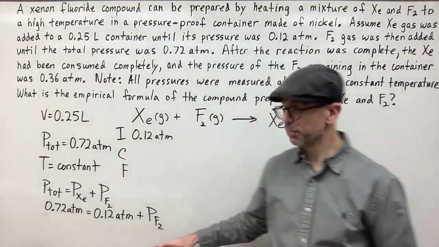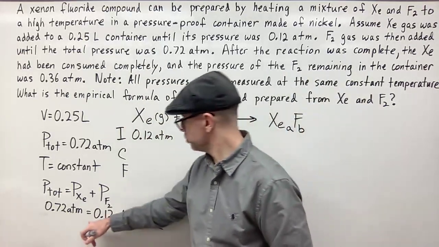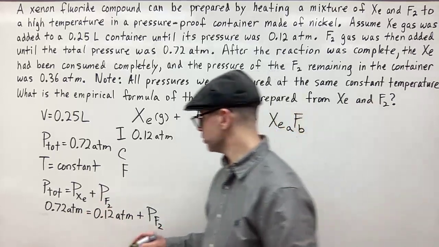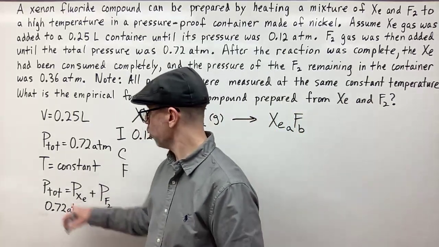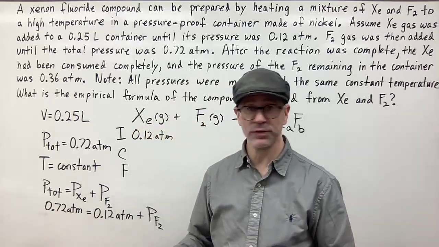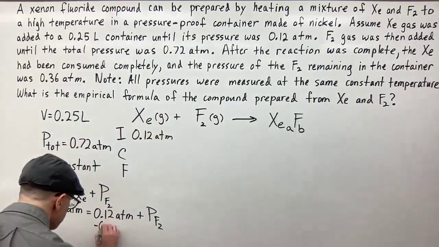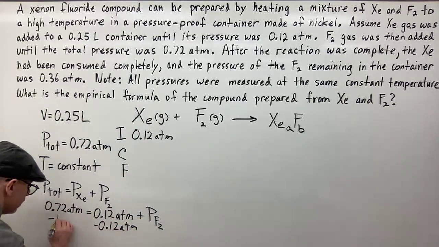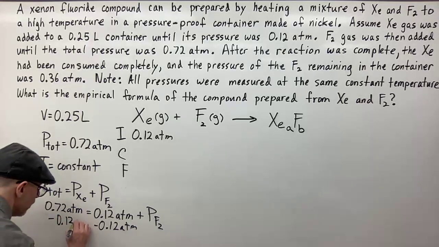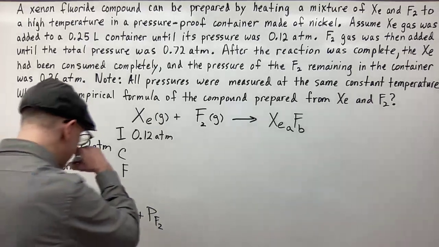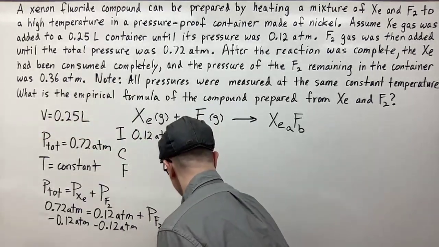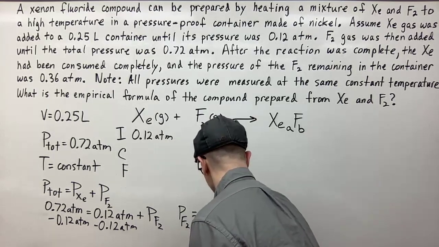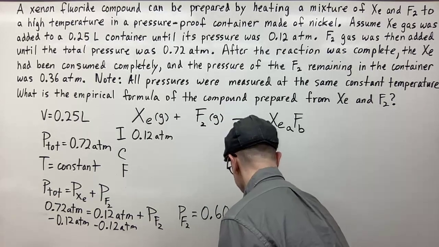To find the pressure of fluorine, all I have to do is subtract the pressure of the xenon, 0.12 atmospheres, from the total of 0.72 atmospheres. So I subtract 0.12 atmospheres from both sides, and I end up with the partial pressure of fluorine equal to 0.60 atmospheres.